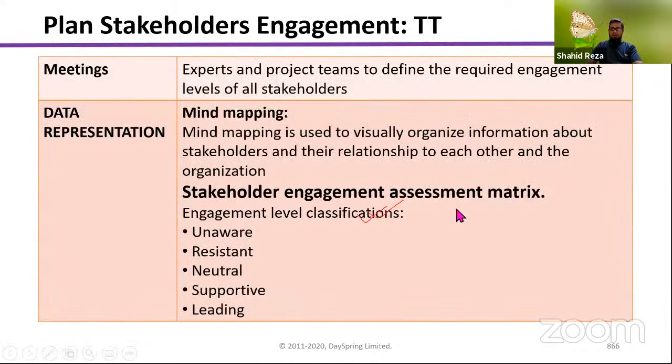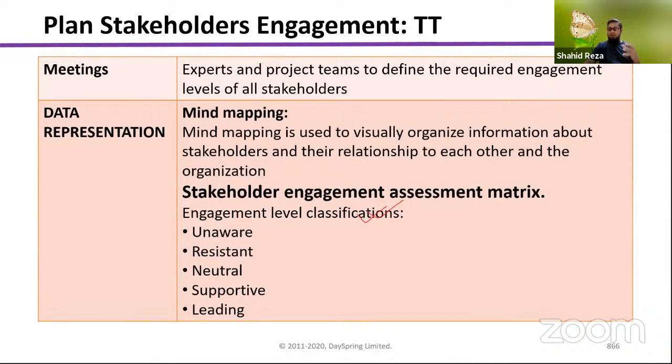So this one, the stakeholder engagement assessment matrix. There are 5 levels by which you can classify your stakeholder engagement. These are the engagement levels. One is unaware. Unaware means he does not have any knowledge about the project that is going on.